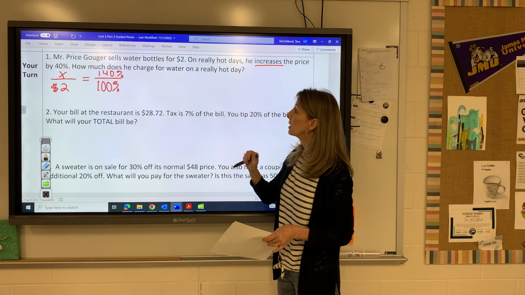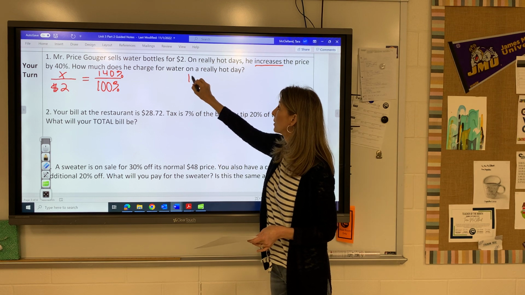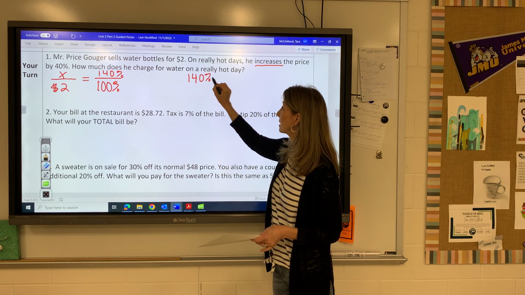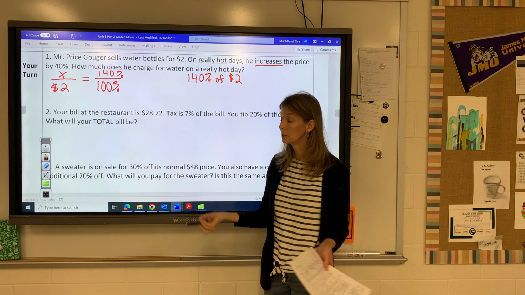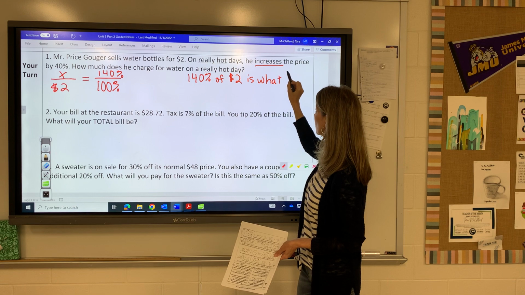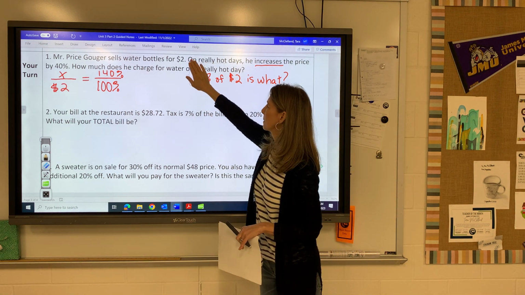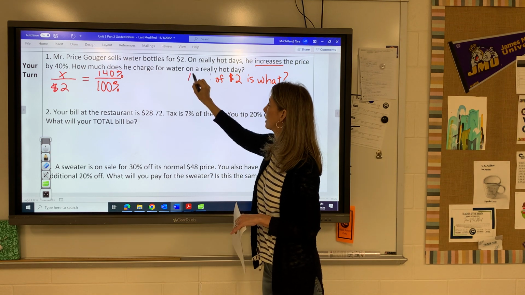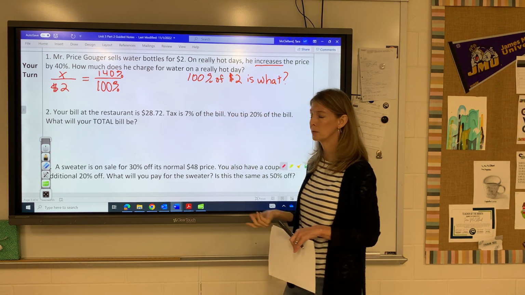All right, thinking about an equation, what we're saying here is 140% of $2 is what? Okay, and we know it goes like this because think about it. If you could put 100% here, would that make sense? 100% of $2?